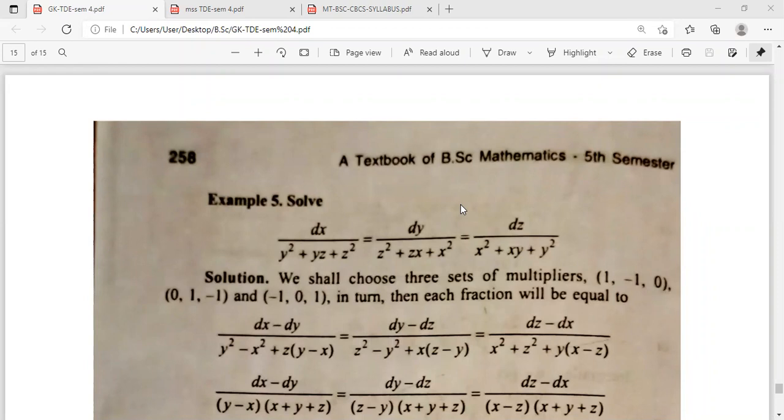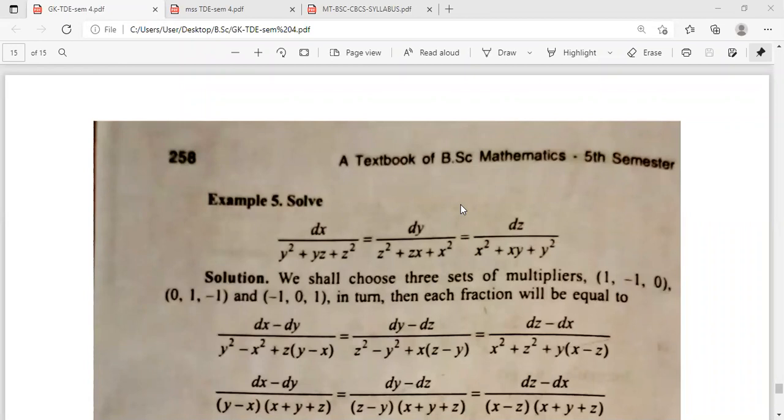Method of grouping means a term may be cancelled or absent. Then you can solve the remaining thing and get one solution. Again you take another set and adopt the same method. Otherwise, if it is not possible, go for a set of multipliers. Where the method of grouping is applicable, you have to solve that.